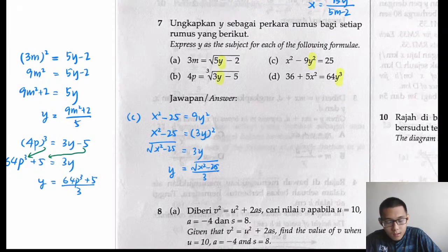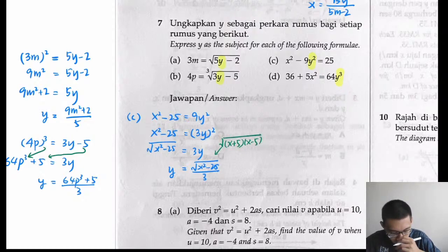Done. If you look at this, x square minus 25 is x plus 5, x minus 5, but x plus 5 times x minus 5, we cannot square root. So you skip this one.